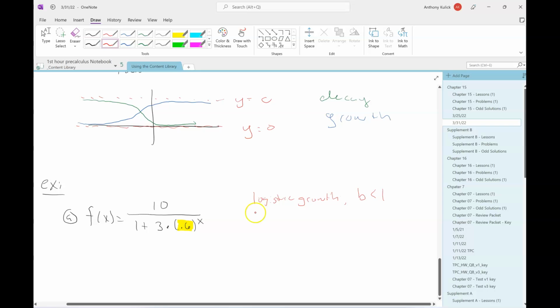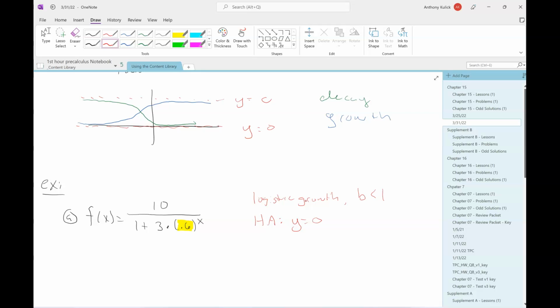What are the horizontal asymptotes going to be here? One of them is easy because it's always y equals 0.